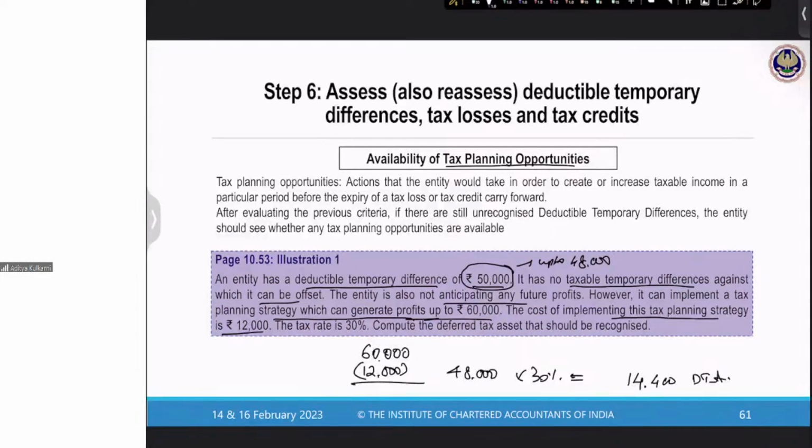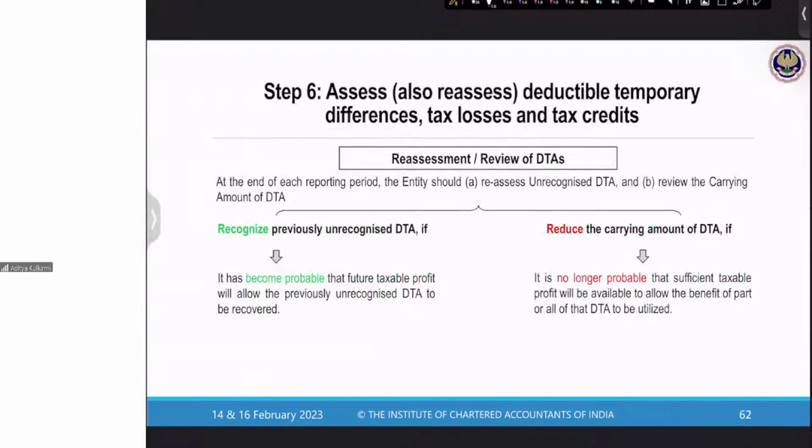In the future, you can generate profits with this tax planning strategy, so that is what you will check. Now, because of the nature of DTA, the standard requires you to reassess or review at each reporting date. If there is some DTA you did not recognize, but now you have a tax planning opportunity or a reversal or profits, then what you had not recognized, you will now recognize.